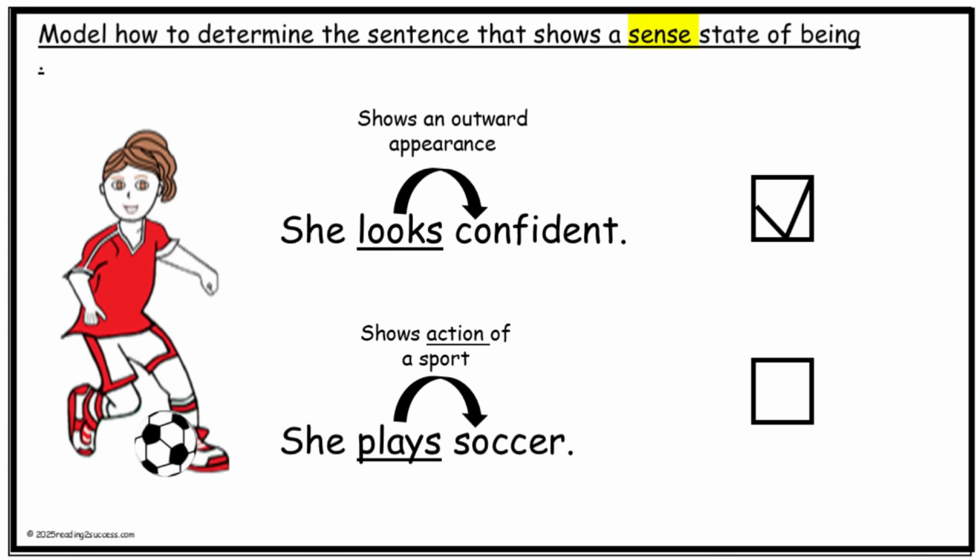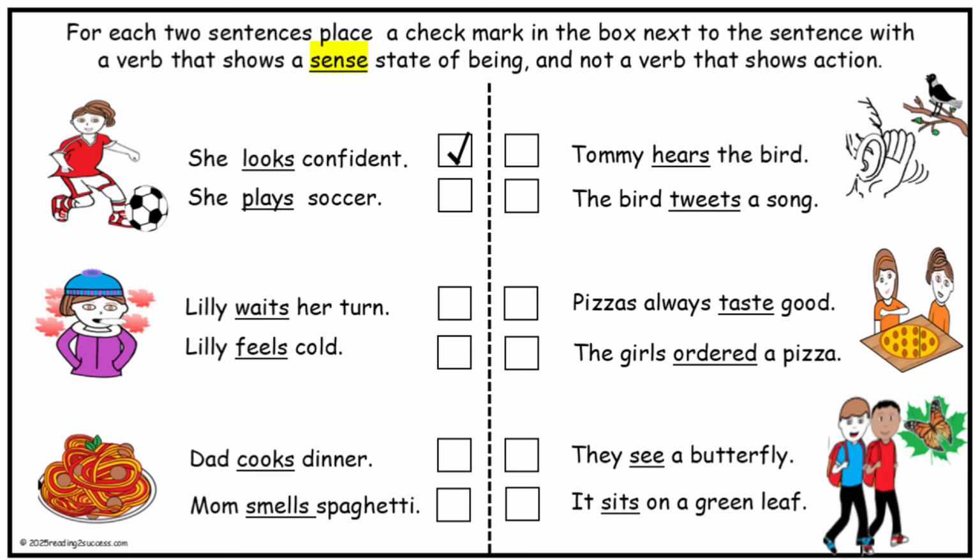The verb looks shows an outward appearance, and the verb plays shows action of a sport. This is the correct answer modeled. Now have kids continue to complete the rest of the practice page. When they have completed their practice pages, show them this completed page and review the correct answers with them.